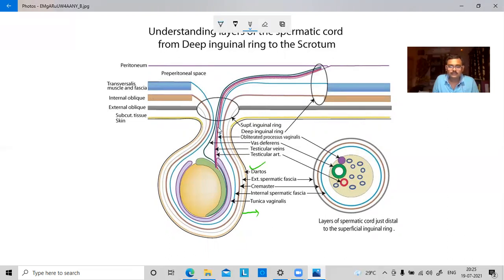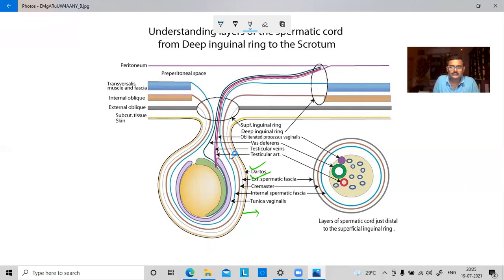And you can see this is the subcutaneous tissue on the anterior abdominal wall, which is called the fascia of Camper and fascia of Scarpa. And in the perineum, it is continued as Colles' fascia. Now, after the dartos muscle, inside there is an external spermatic fascia.